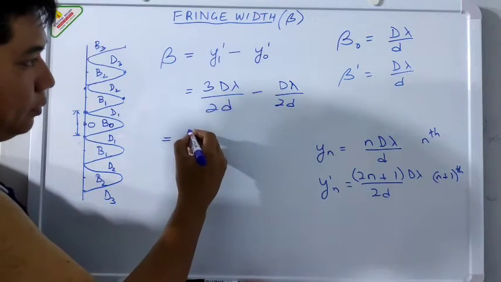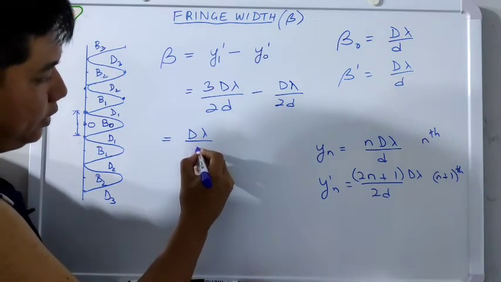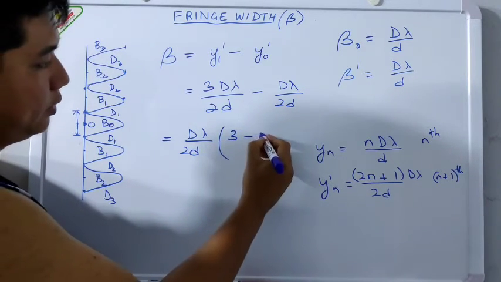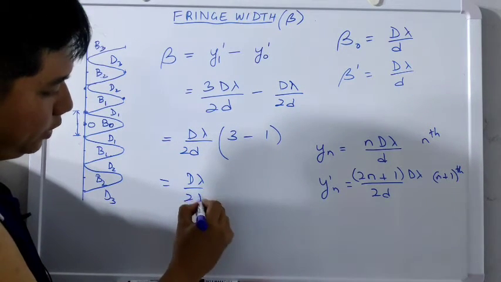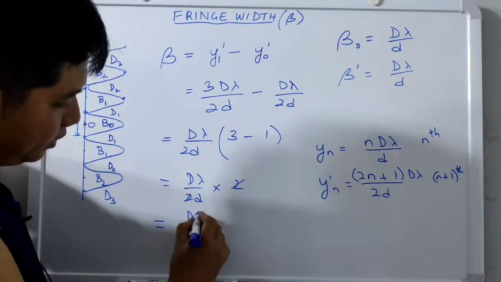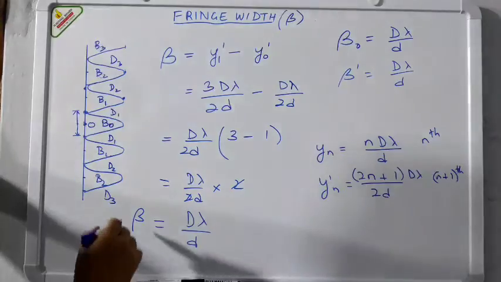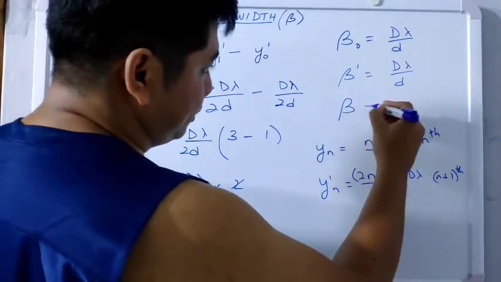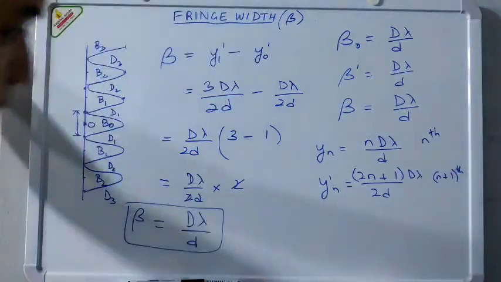Taking D lambda by 2d common, 3 minus 1, we get D lambda by 2d into 2. We have the same expression. This is the width of the bright fringes. Beta equals D lambda by d.